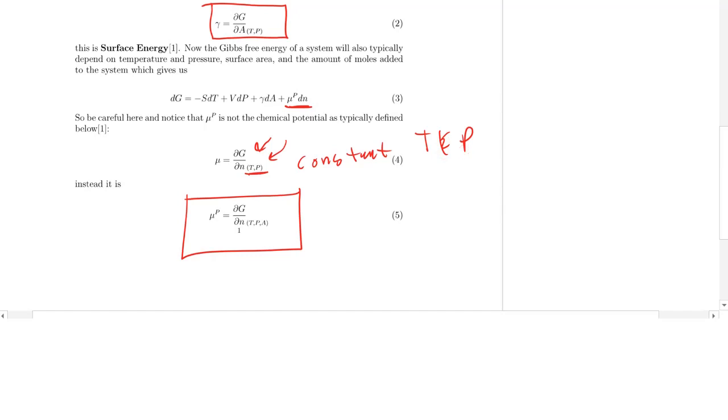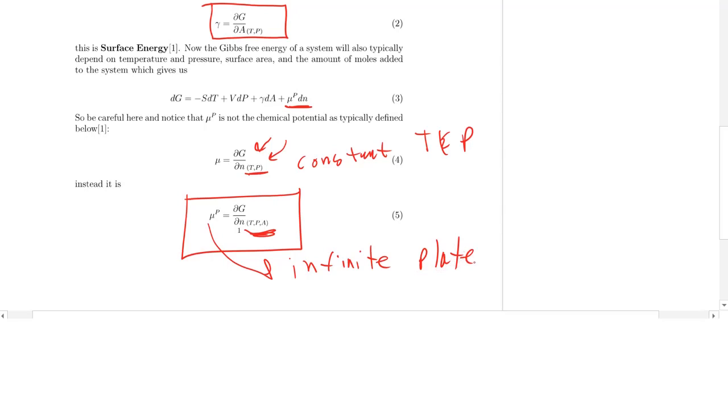But we are now assuming constant temperature, pressure, and area here. So that's the difference. Remember, we called this the chemical potential of an infinite plate. Again, this is just background, but that's what we built up last time in class.